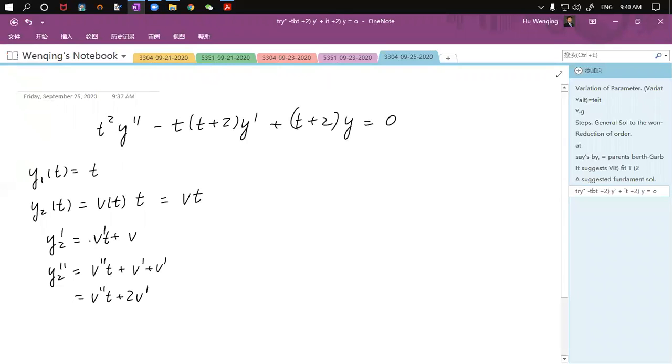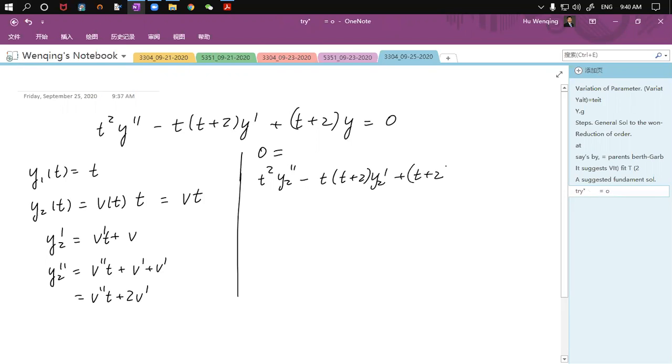And therefore, because y2 satisfies this equation, you're going to have 0 equal to t squared y2 double prime minus (t plus 2) y2 prime plus (t plus 2) y2.